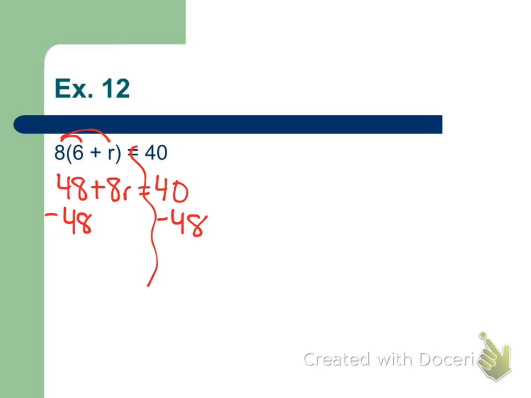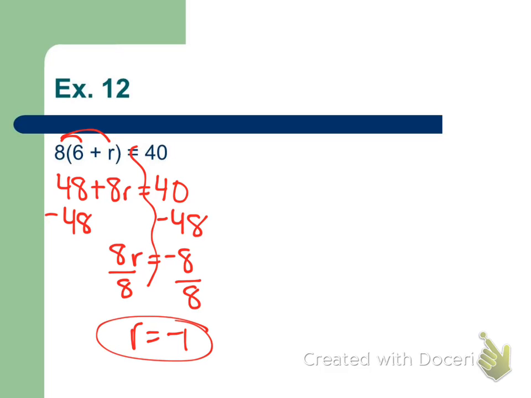Then I got 8r equals negative 8. Divide both sides by 8. I like it. r equals negative 1. Beautiful. All right. So we have to either divide off the 8 or distribute it. I like distributing it. Then subtract the 48 from both sides. Divide both sides by 8. We get r equals negative 1.